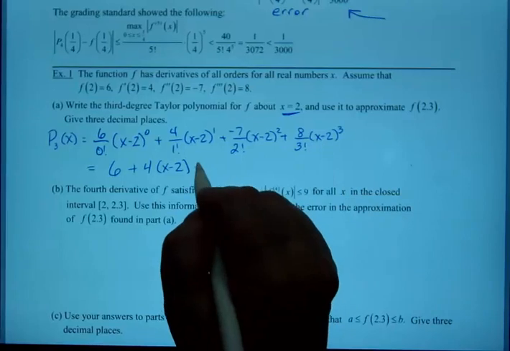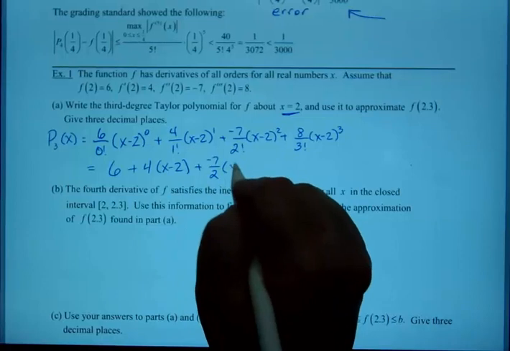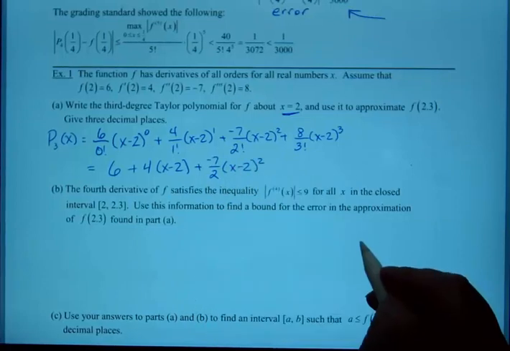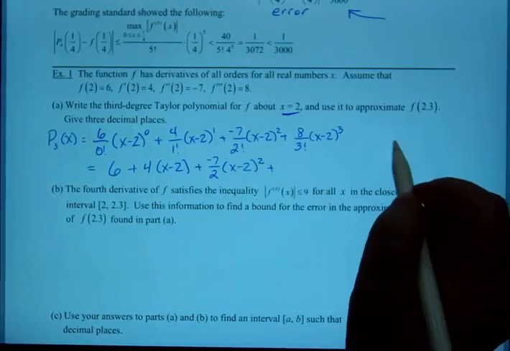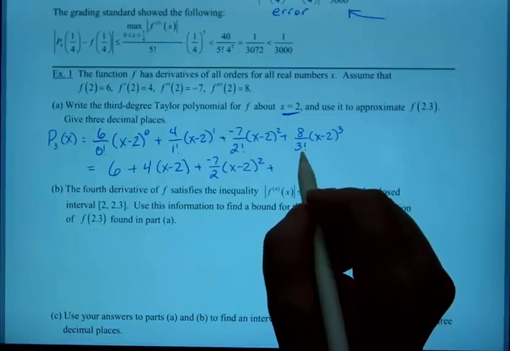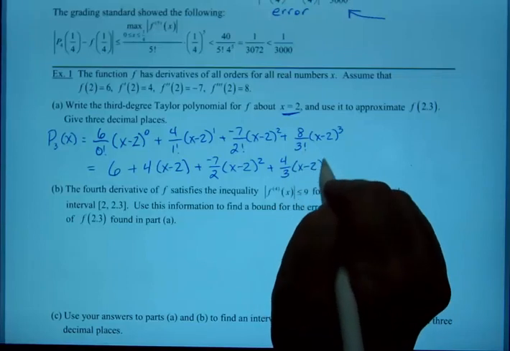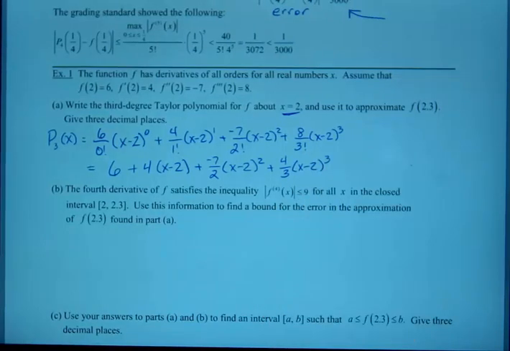Plus negative 7 over 2, x minus 2 squared, plus 8 over 6, which is 4 over 3, x minus 2 to the third. If you can do that much, you've already got points on this 9-point free response question. Can you do that?